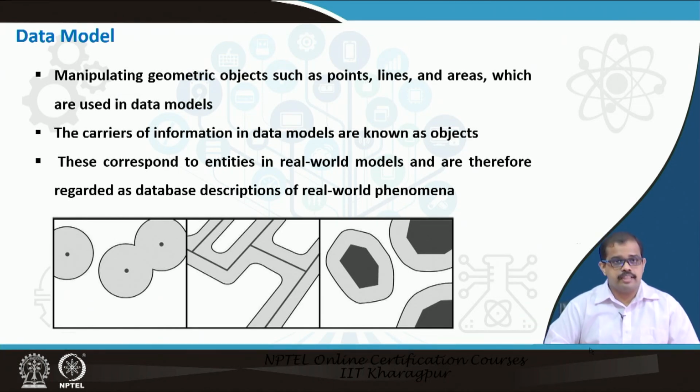These correspond to entities of the real world and are therefore regarded as database descriptors. The point, line and polygon in a vector model are now called real world descriptors, or your information nodes.